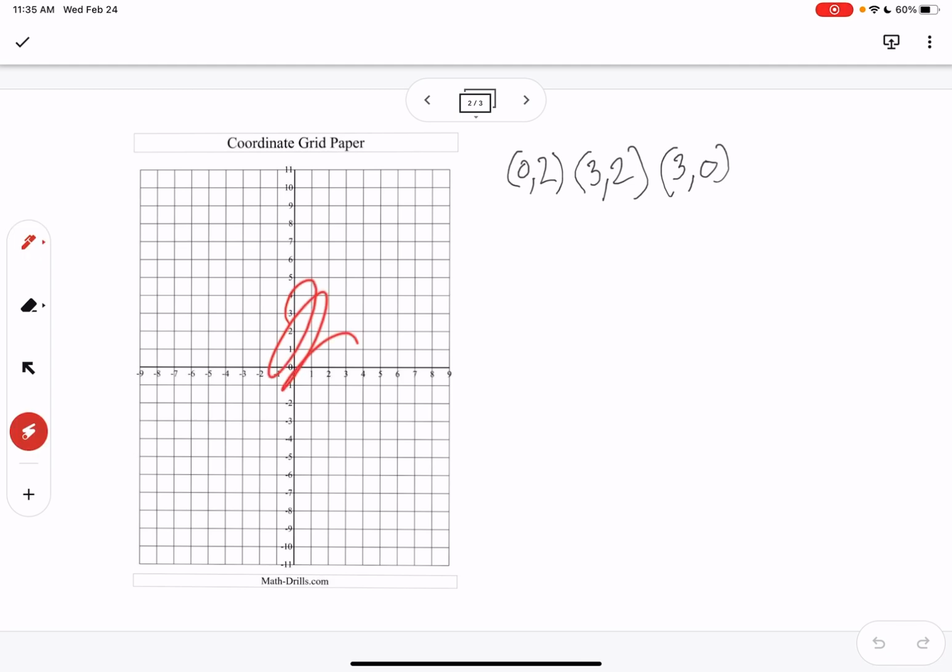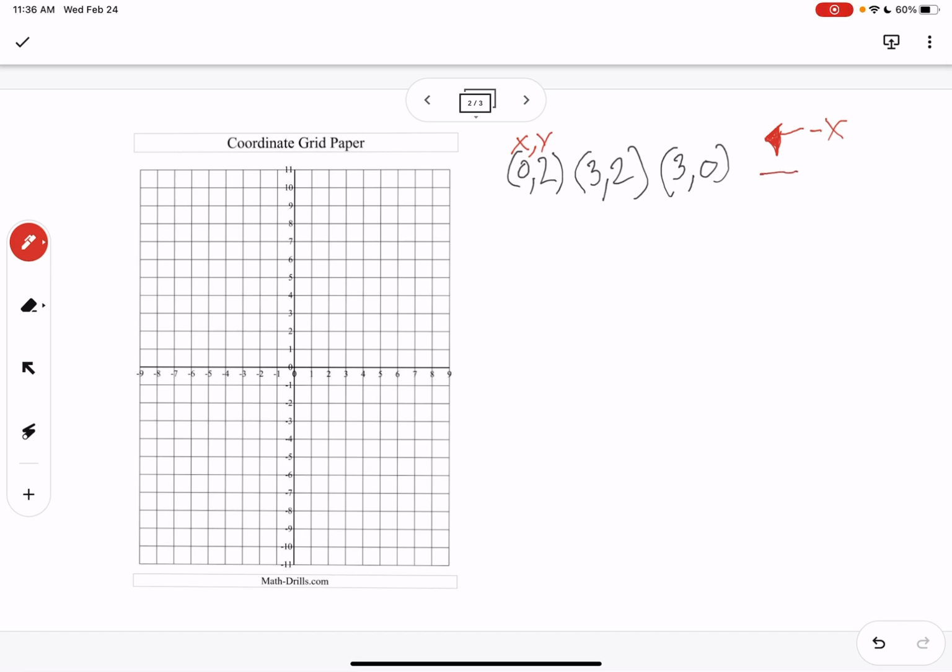When we're talking about graphs, and we're looking at X and Y, remember that these first digits are X's, and the second digits are Y, okay? So this represents X, this represents Y. X means we're counting to the right or to the left. If we are moving to the left, that means we have a negative X. It's a negative number.